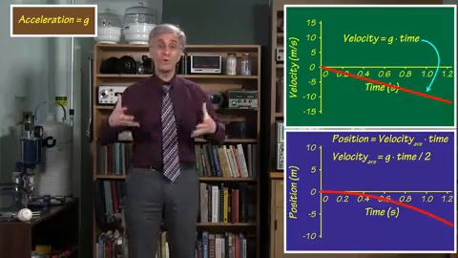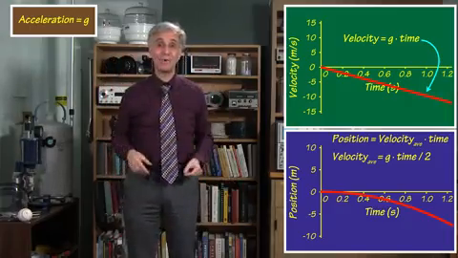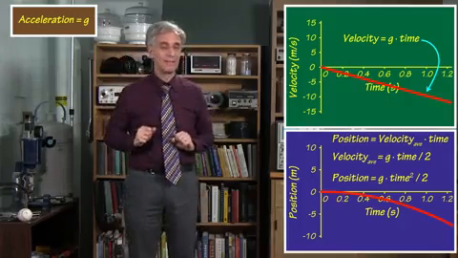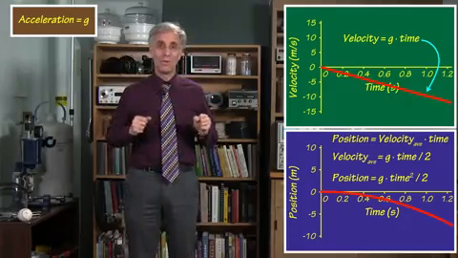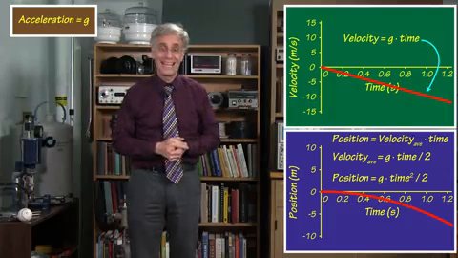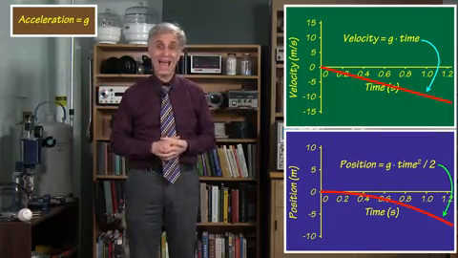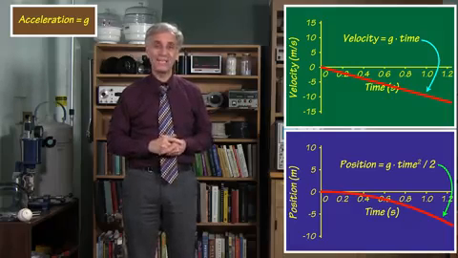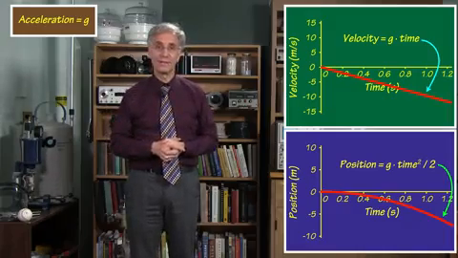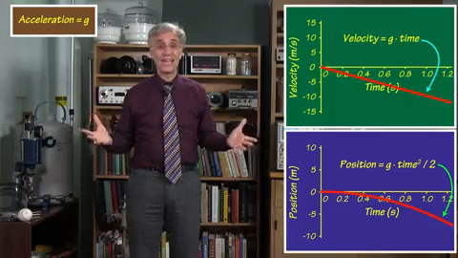The falling ball uses that average velocity to make progress, and it has an amount of time to work with. So if we multiply g times time over 2, the average velocity, times time, we get the new position of the falling ball dropped from rest. It's g times time squared over 2. And that is the formulaic relationship between the position of this falling ball dropped from rest and the time it's had to fall.